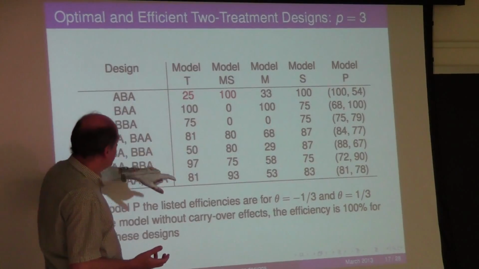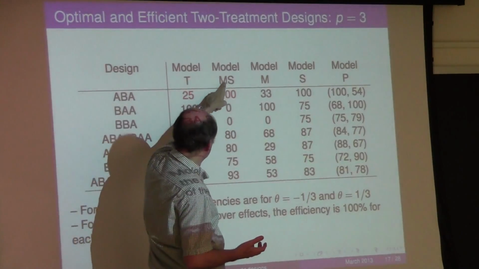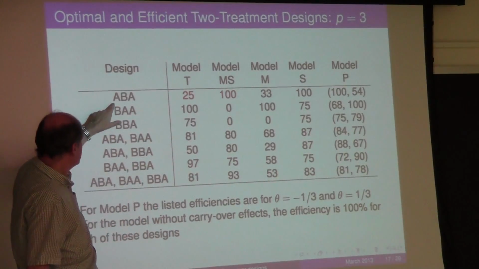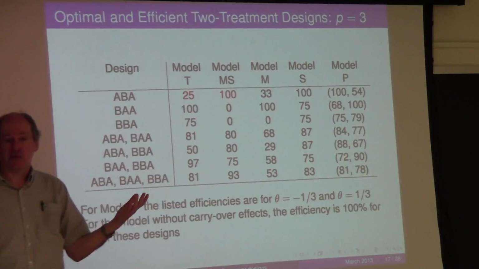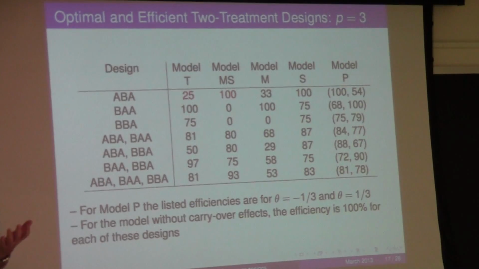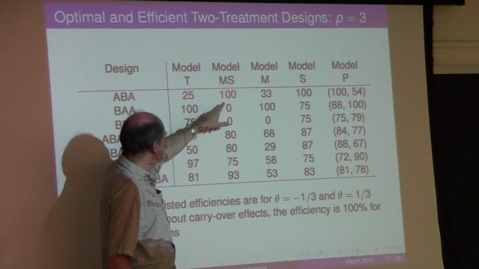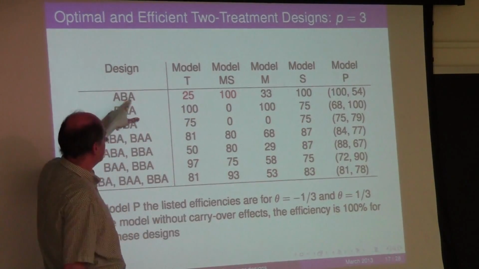If I compare this to what happens under the model with mixed and self-carryover effects, I immediately observe I won't get self-carryover effects. I will only get mixed carryover effects because the treatment is never followed immediately by itself. But what that means is that the expected values for all these things that I just mentioned under this model are exactly the same as they were under this model.